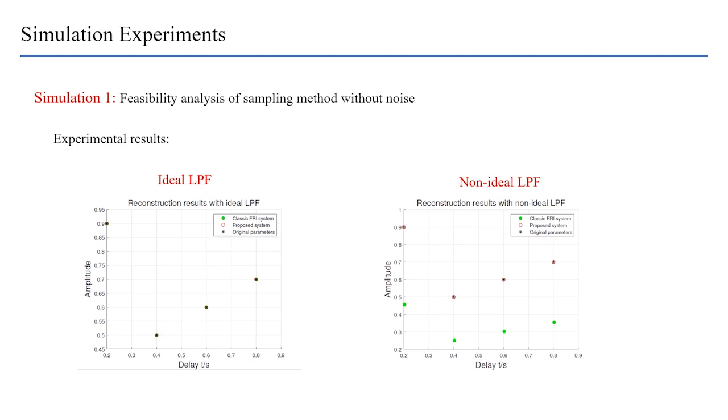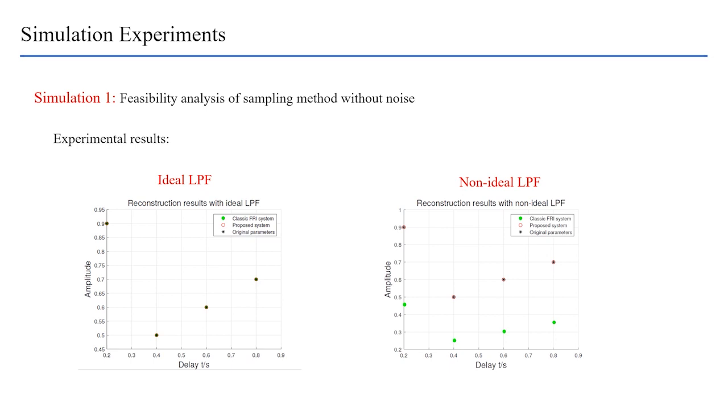We compared the experimental results with the classic FRI sampling system. The experimental results with ideal LPF are shown in the ideal LPF figure, and the experimental results with non-ideal LPF are shown in the non-ideal LPF figure.